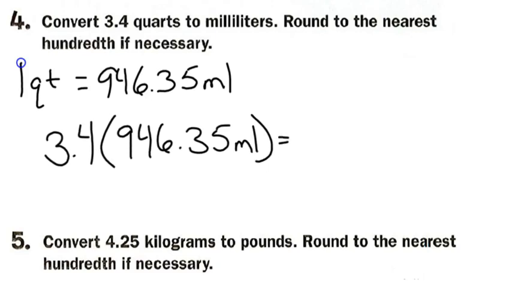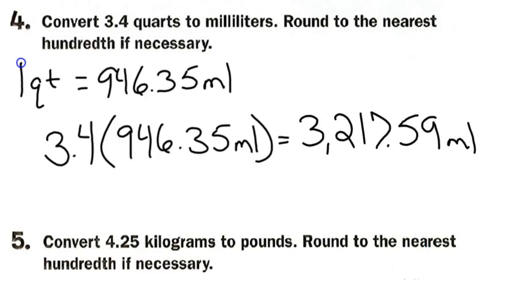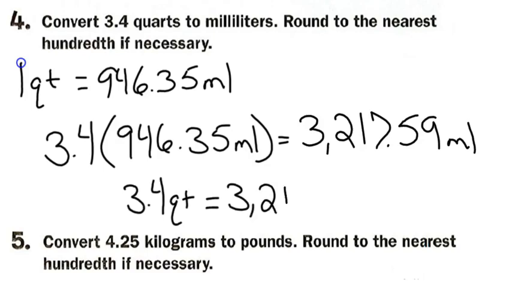So all I got to do is multiply those two out, and I get a big old number. I get 3,217.59 milliliters. So that tells me that 3.4 quarts is equal to 3,217.59 milliliters.